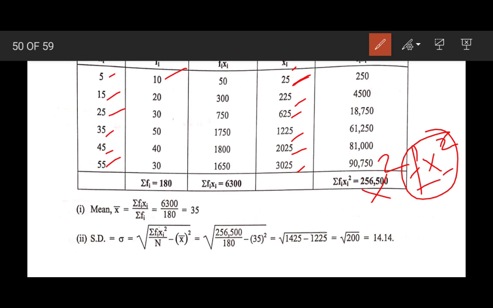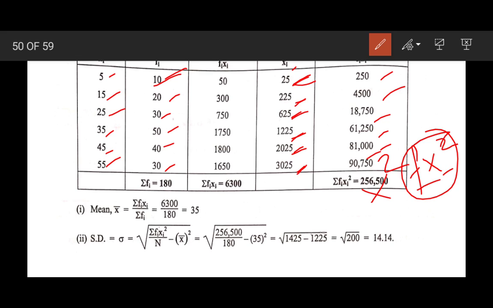into x square. So 25 into 10, 250; then 225 into 20, 4500; then 625 into 30, 18750; then 1225 into 50, 61250; then 2025 into 40, that is equal to 81,000; then 3025 into 30, that is equal to 90,750.